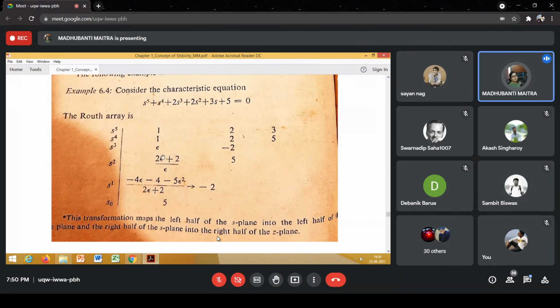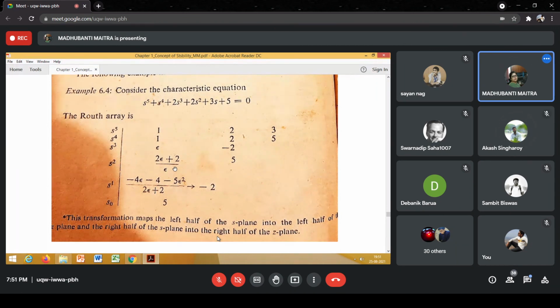So this term will be 0 in the limiting case, when epsilon tends towards 0. So what will be the sign of this term in the first column of the Routh array? It will be plus 2 divided by some positive number. So the sign will be positive. Clear?